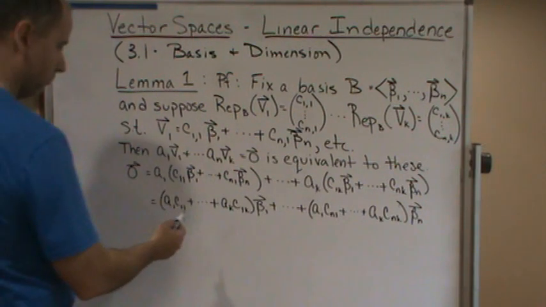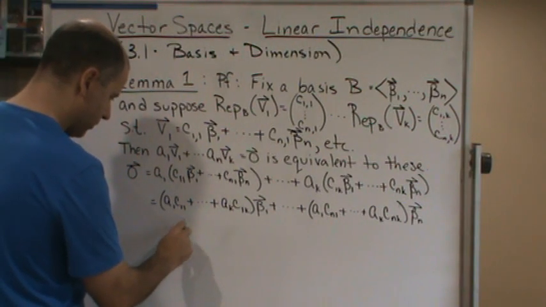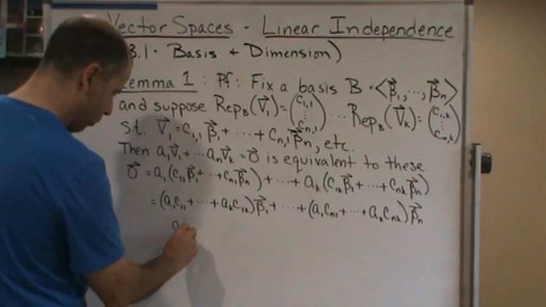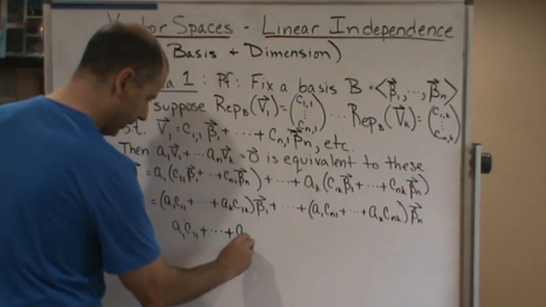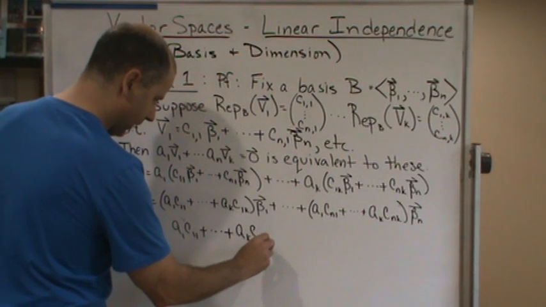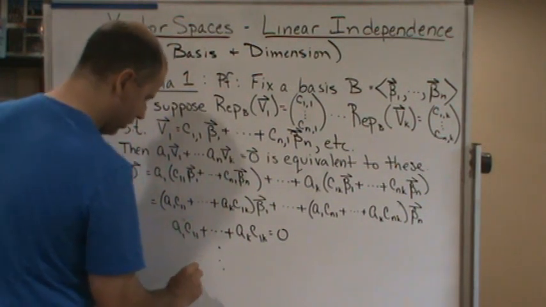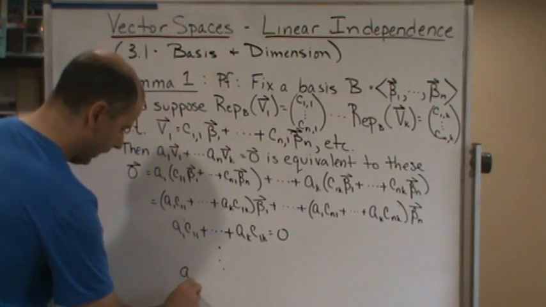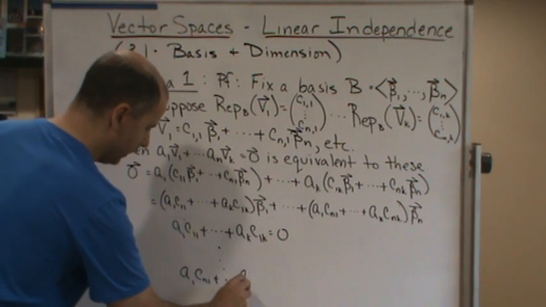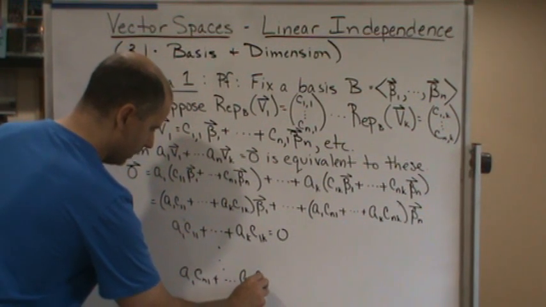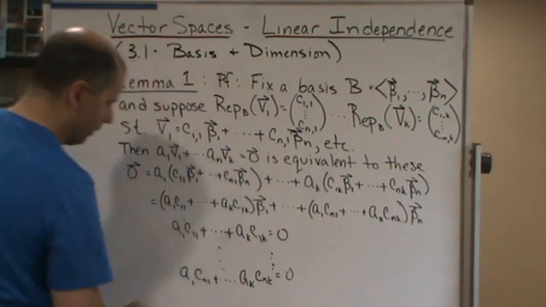Here's what we're going to have to write. If all the coefficients are going to be zero, now we set this up. So this means that a1 c11 plus all the way to plus a sub k c1k is equal to 0, all the way to a1 cn1 plus all the way to a sub k cnk is equal to 0.